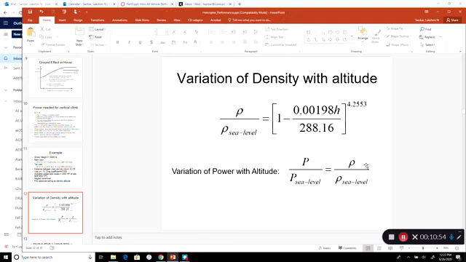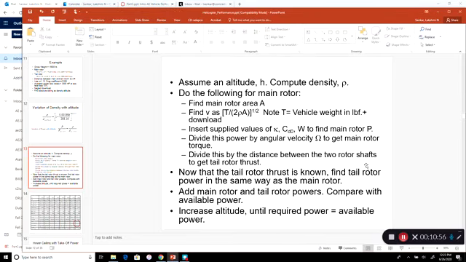Now let's look at how we would do it. You pick an altitude H, look up the density at that altitude, then do the following. First, for the main rotor, find the main rotor area, pi R squared. Induced velocity is the square root of T over 2 rho A. Then kappa times T times v is the induced power.